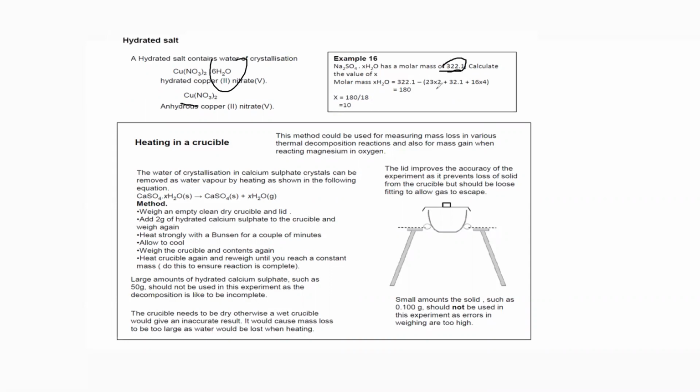Anhydrous mass is sodium 23 multiplied by 2, sulfur 32, and oxygen 16 times 4. So this is the mass of anhydrous. When we subtract hydrated minus anhydrous, we get the mass of the water.